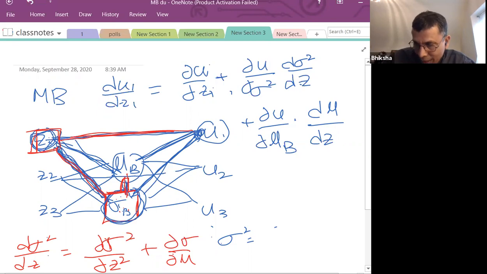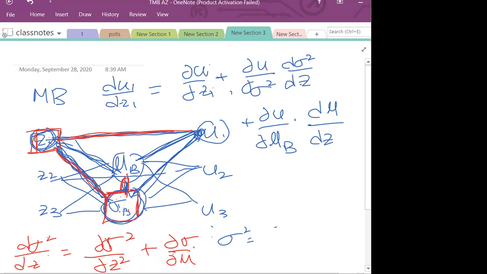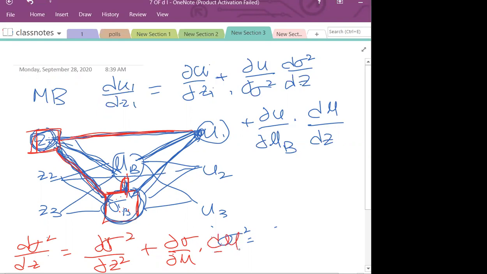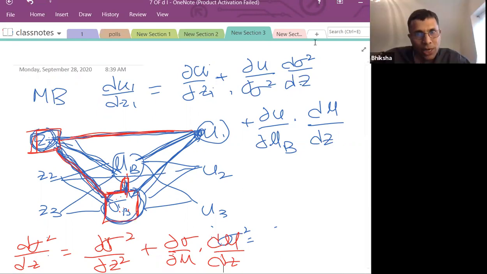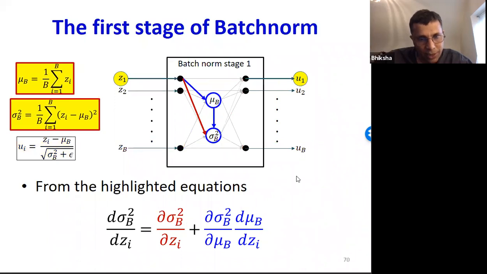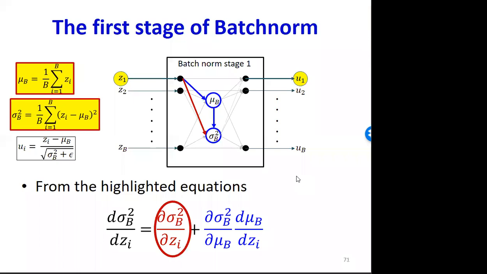If you have only one connection, the partial and the full are the same. And then what is the second term here? Del mu by del z. Easy, right? That is a full, the partial and full are the same thing. And so this is going to have this term here. And now what is this first term? The derivative of sigma squared with respect to zi.